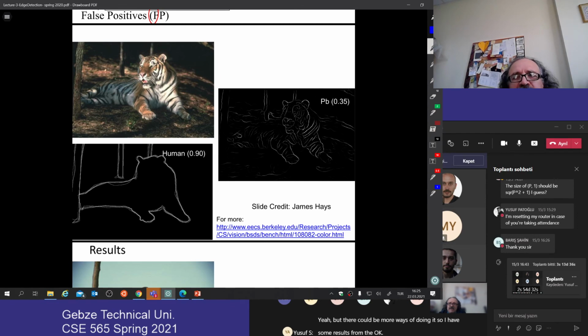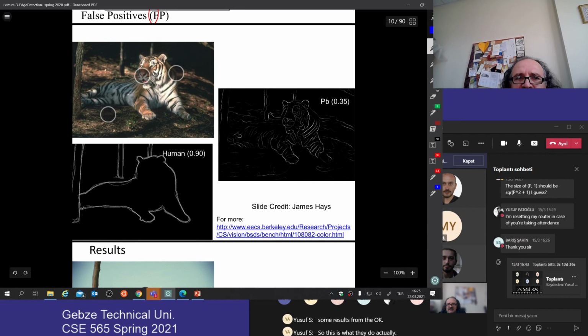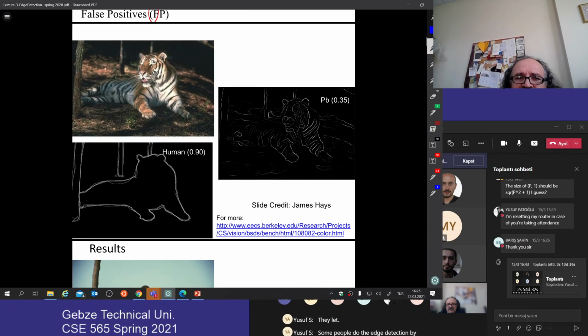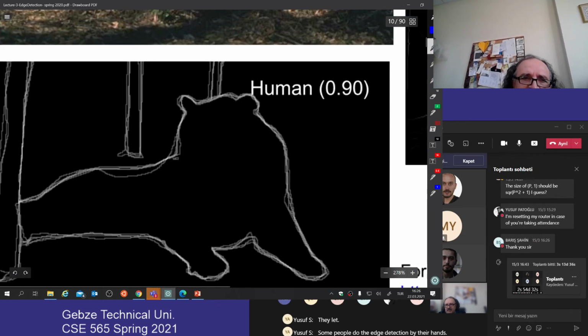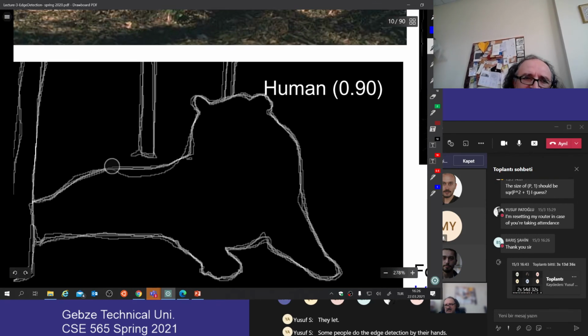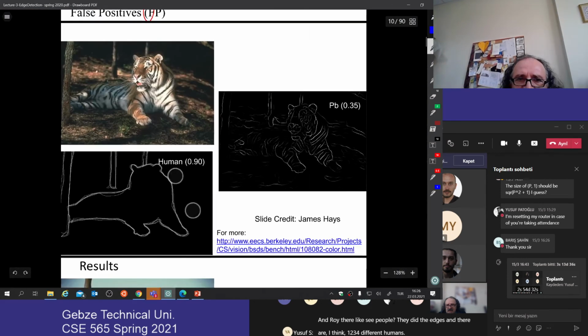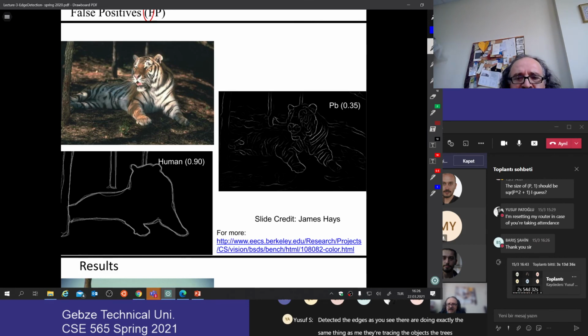So this is what they do actually. They let some people do the edge detection by hand and draw it here. Like, see, there are, I think, 4 different humans who detected the edges. As you see, they are doing exactly the same thing as me. They are tracing the objects, the trees and the animal. If I do the same thing with the automated edge detection system, I get this.